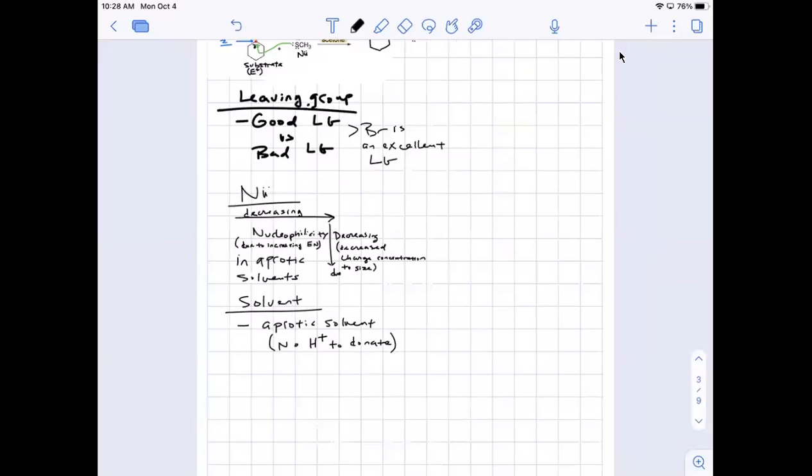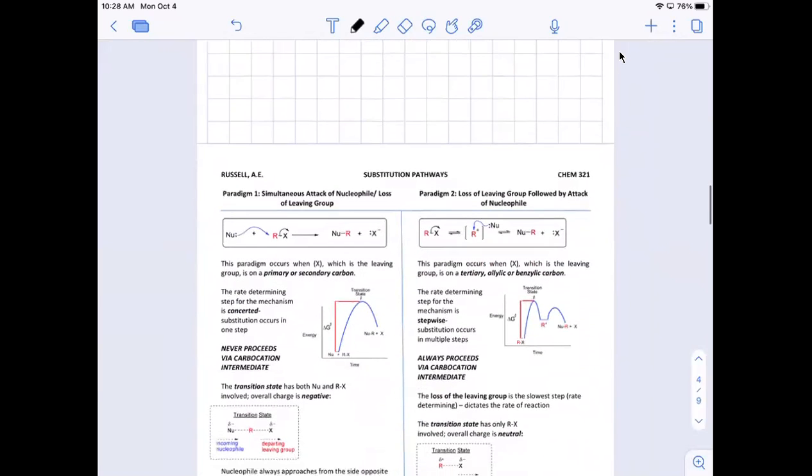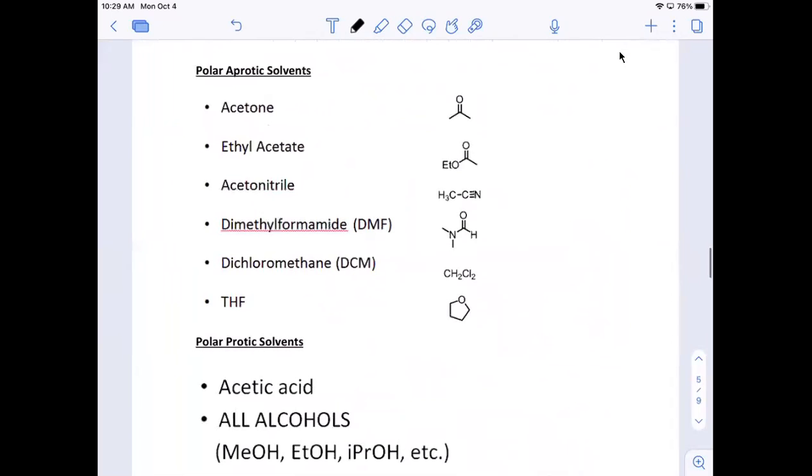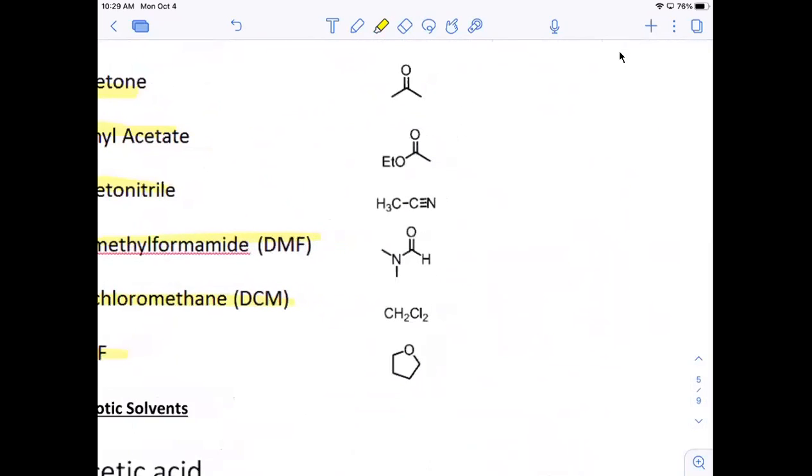We have a list of solvents here. Acetone will be considered aprotic. Ethyl acetate, acetonitrile, DMF, DCM, THF, all of these are considered aprotic. They cannot donate H+.